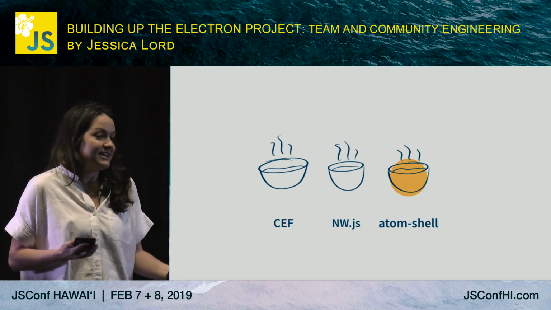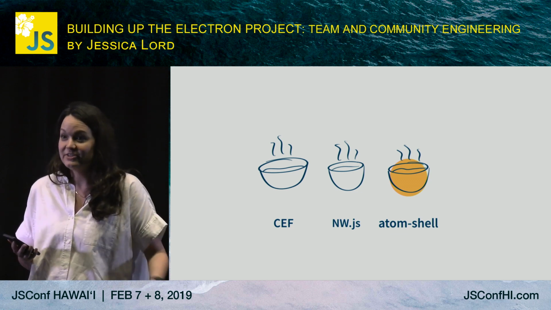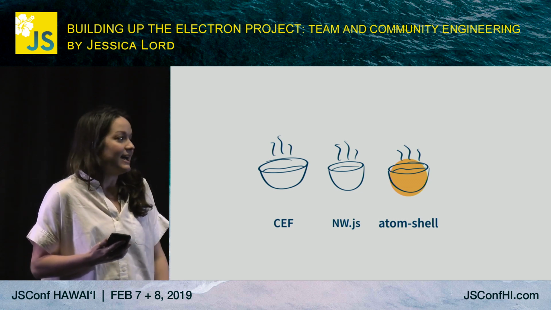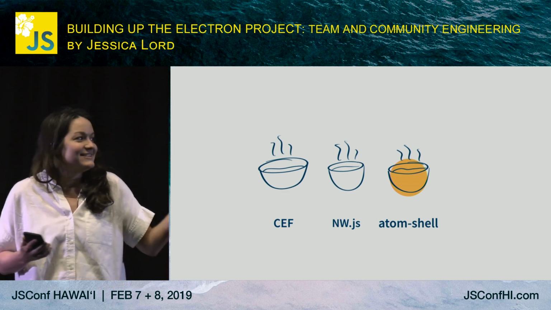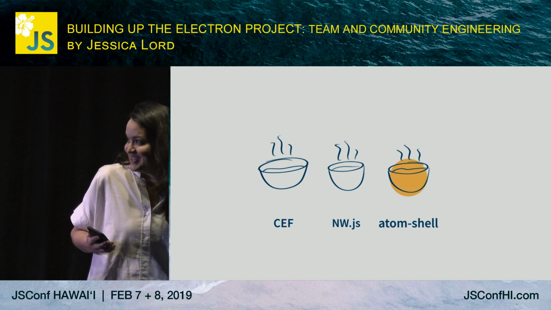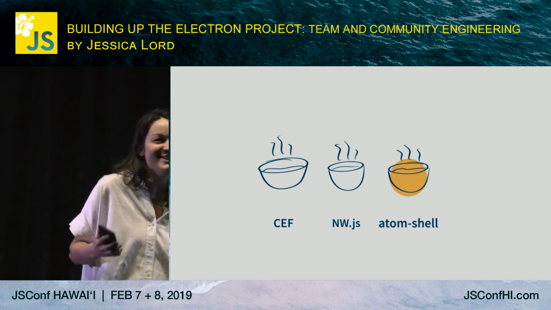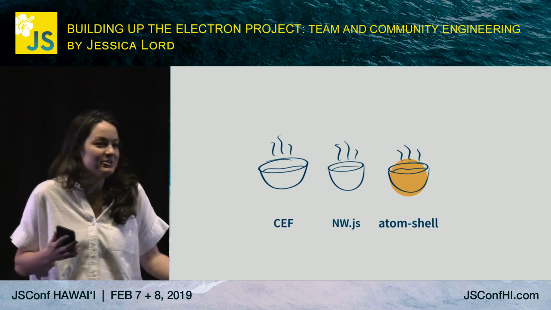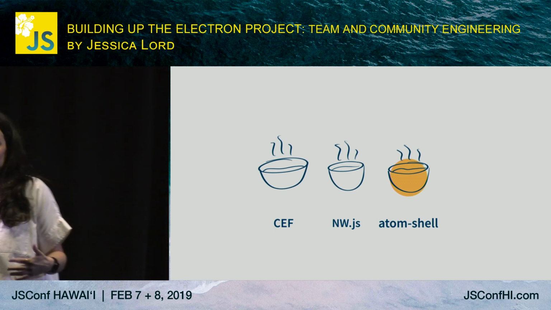Earlier on in Atom's days, they had sort of done some shopping for libraries because there had been this vision for building the desktop app Atom. And there was Chromium embedded framework, but this is my Goldilocks illustration. Chromium embedded framework was too heavy. It was all of Chrome. NWJS didn't embed Node in a way that was as seamless as it could be.